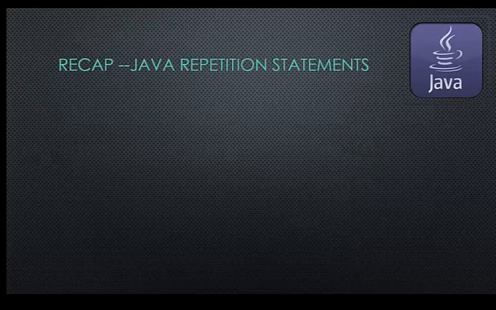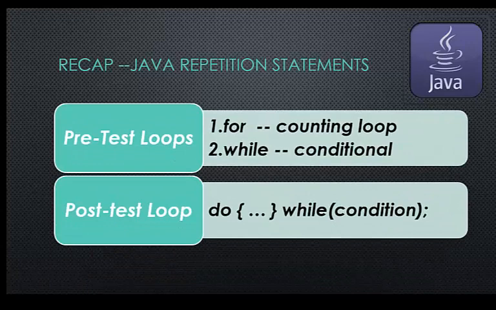Let's recap about our Java repetition statements. We looked at two pretest loops. The for loop, which has the built-in rules in the header of the loop itself, and the while loop, where we have to be very careful about following those three golden rules.